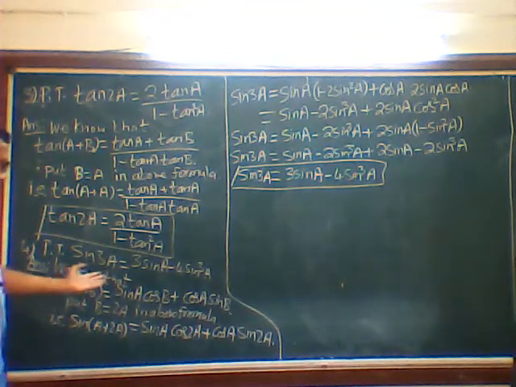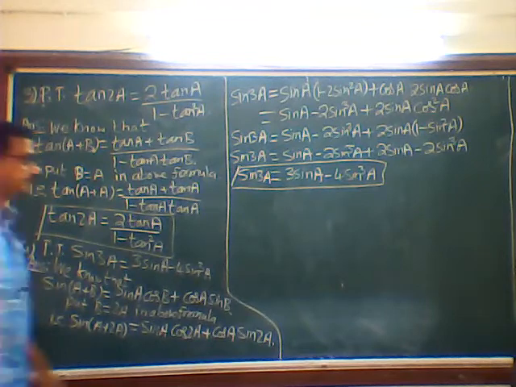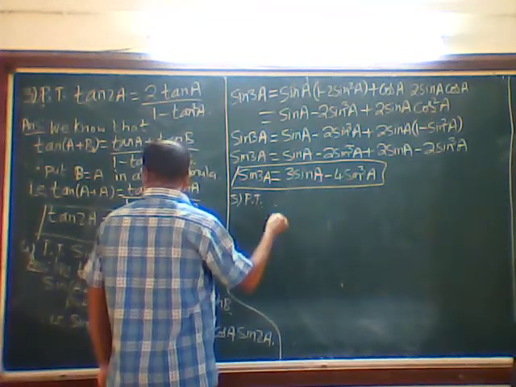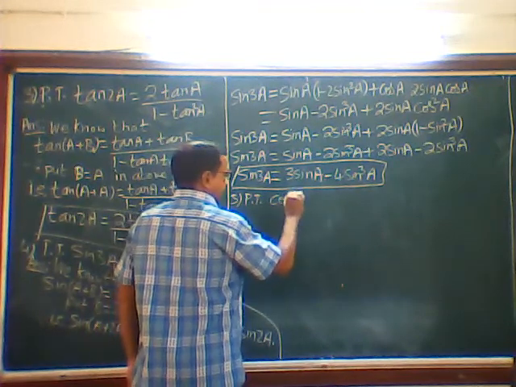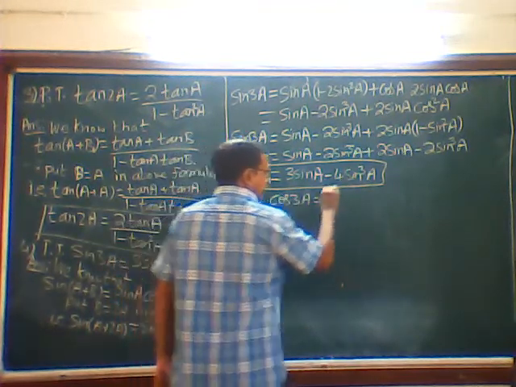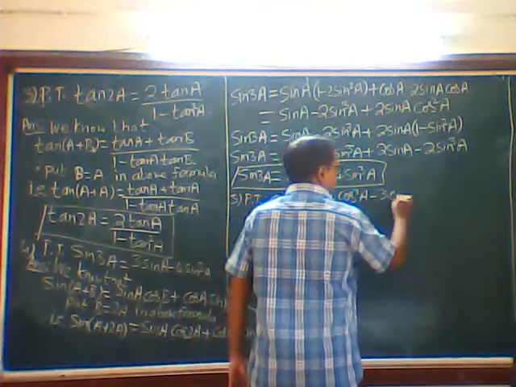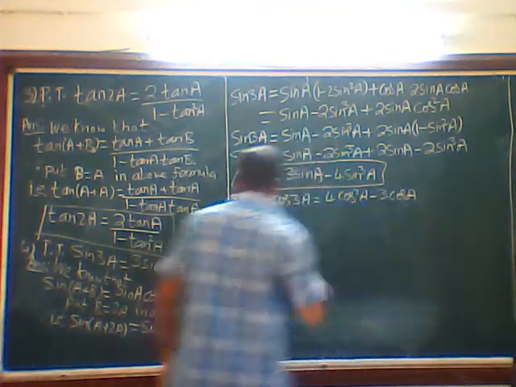Now same way we are going to derive the rule for cos 3a. So a fifth one. Prove that cos 3a is 4 cos cube a minus 3 cos a. Okay? Again an answer.